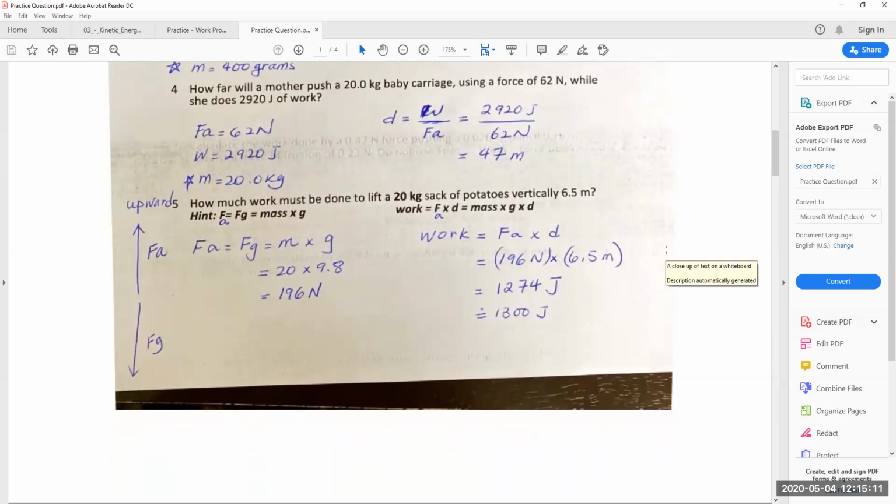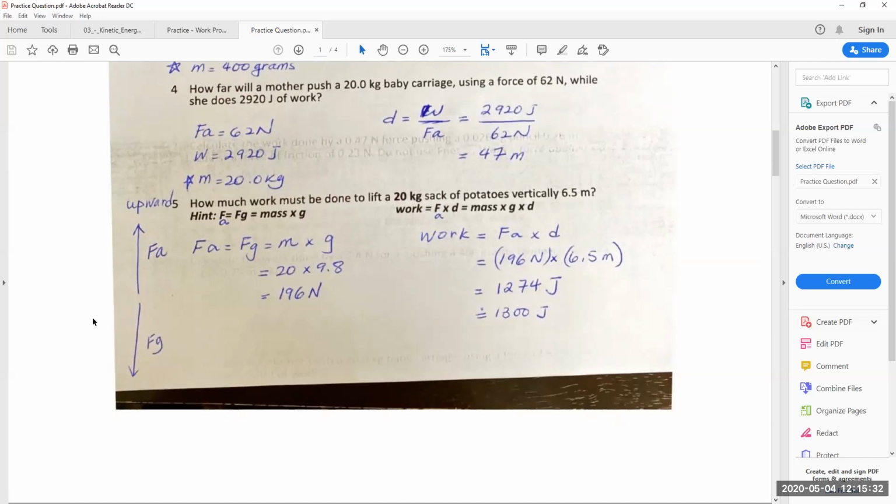Question number 5 is what I was telling you. When you're moving an object vertically, that's the time that your applied force has to be equal to the force of gravity or bigger. If something is so heavy and you can't move it, then you're not doing any work. That means you're not transferring your energy into the force of gravity.